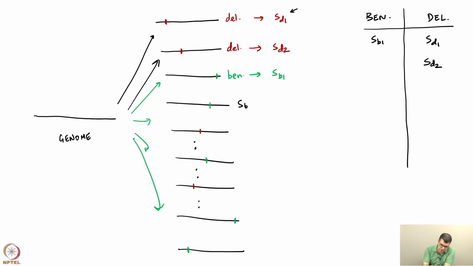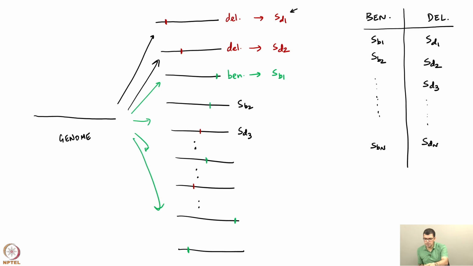Let us say this was SB2, SD3, and so on and so forth. So, I write down this table and I have a whole bunch of data points here. Let us say I have SDN and SBN data points in this table.